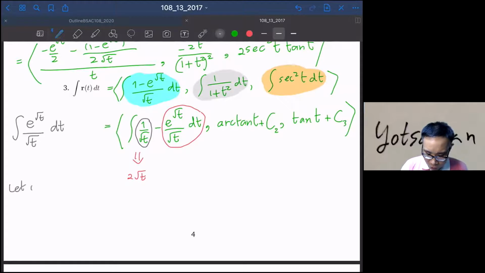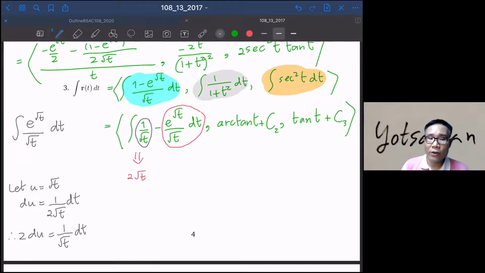Let u be root t, so du equals 1 over 2 root t dt, as I tried to explain last semester. So 2 du equals 1 over root t dt.